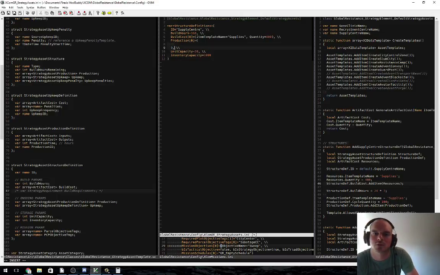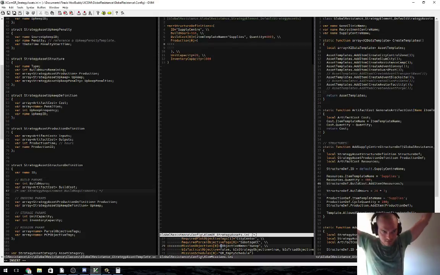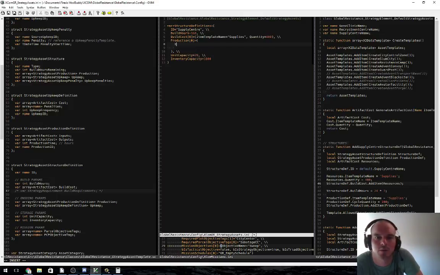Okie dokie. Production. So this production definition has inputs and outputs. Let's just say that there are no inputs for the moment. It just has outputs.